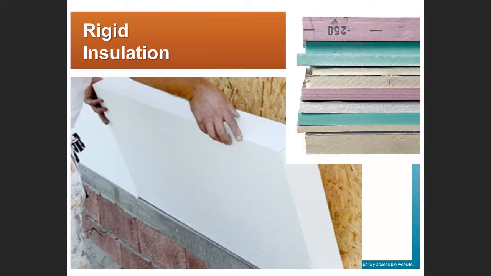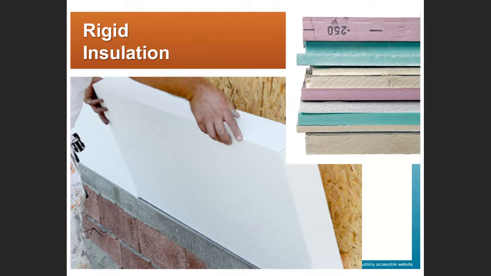Here's another insulation, rigid board insulation. You'll see rigid board insulation in a couple places. It might be used as a sheathing material on the outside of the house, so you can have insulated sheathing outside.